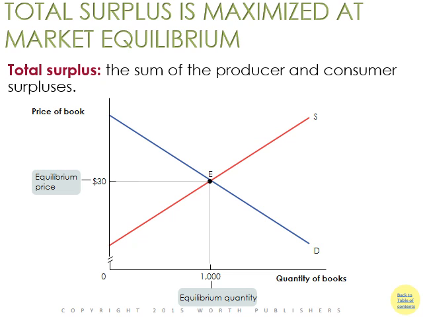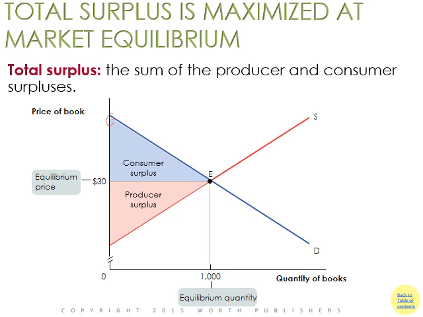When we include both the demand and supply curves in our market for used textbooks, we can calculate both consumer and producer surplus. Consumer surplus is the area under the demand curve down to the price point.